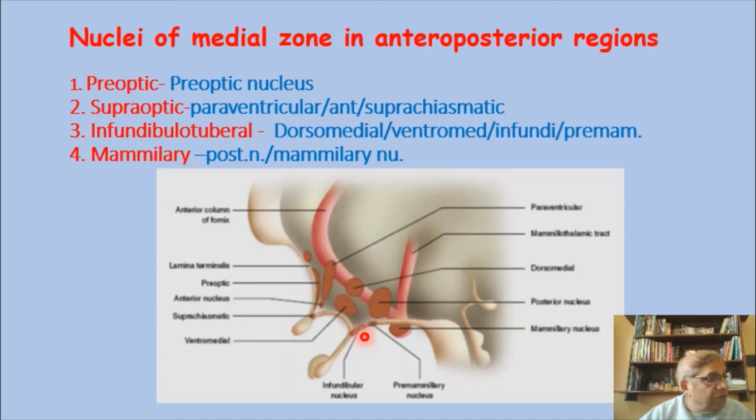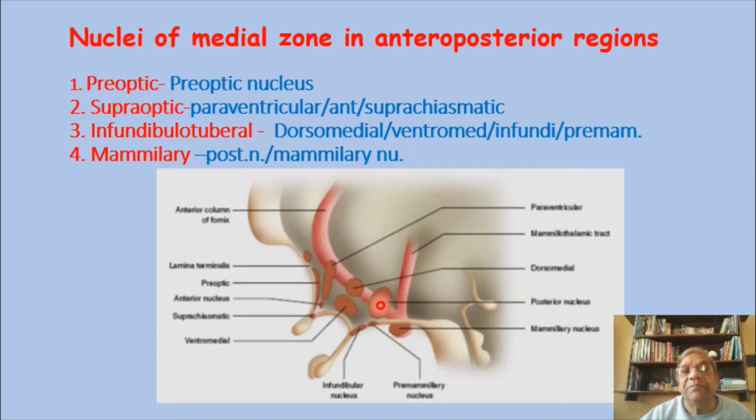Now, what you will see here after this infundibular nucleus is the posterior nucleus. See this large nucleus here, that is the posterior, which is part of the mammillary zone. The fourth zone is just above the mammillary, where two nuclei are there, the posterior nucleus and the mammillary nucleus.